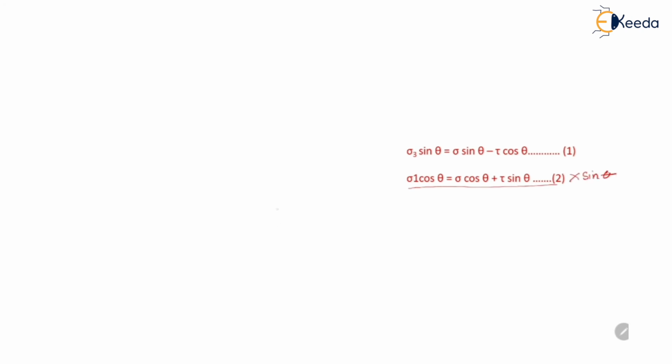It gives sigma 1 cos theta sin theta equal to sigma cos theta sin theta plus tau sin square theta.